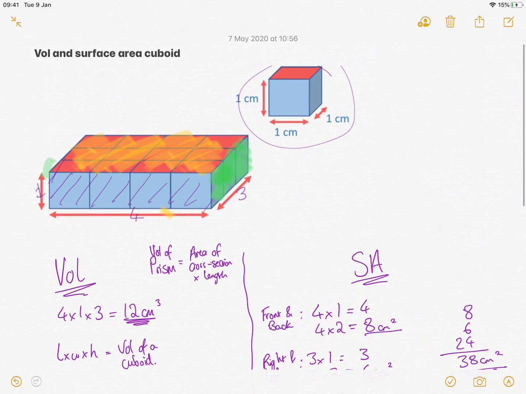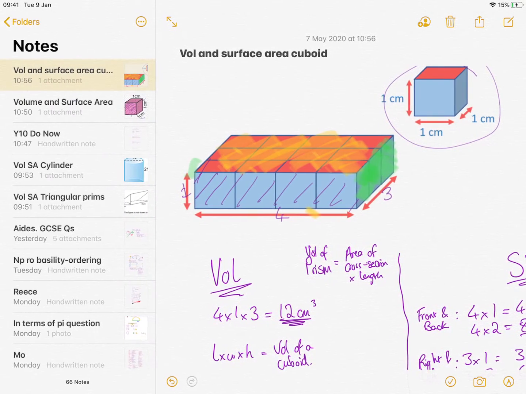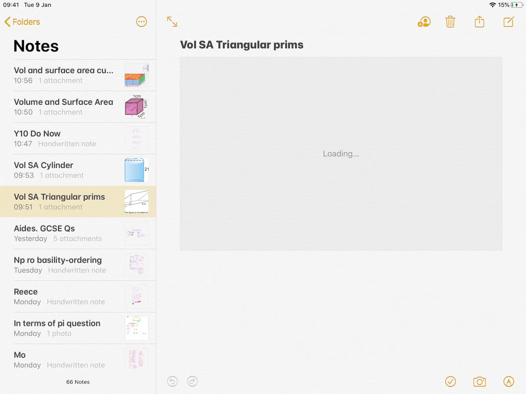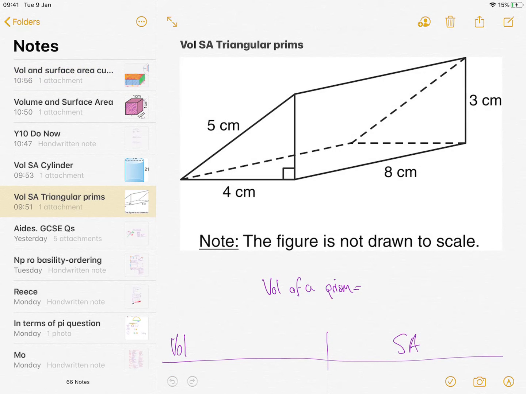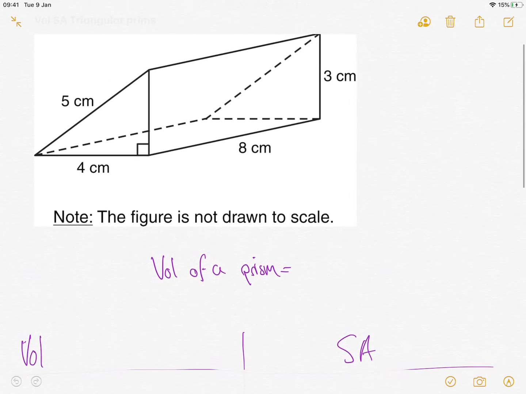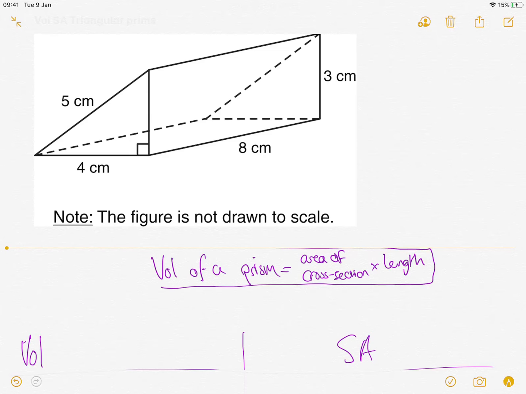Right, so that's for a cuboid. Let's go on to a triangular prism. Remember, our volume of the prism is area of cross section times length. If you didn't get that down last time, make sure you've got it down.